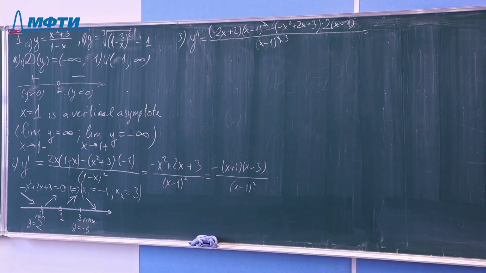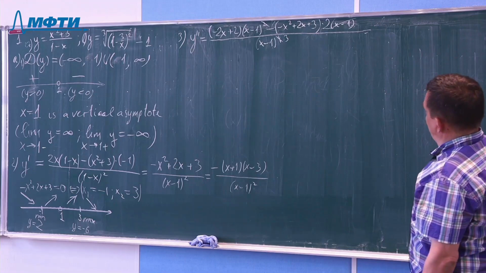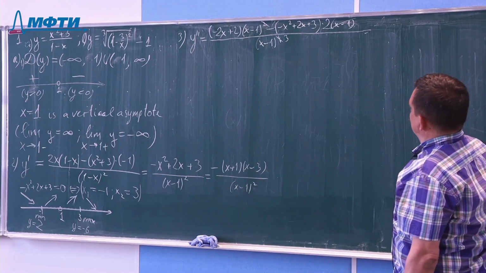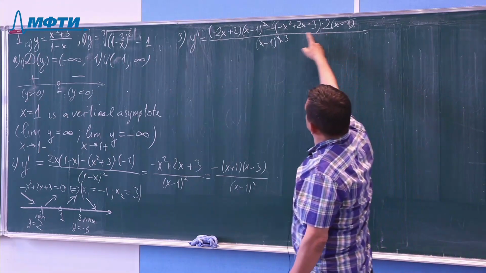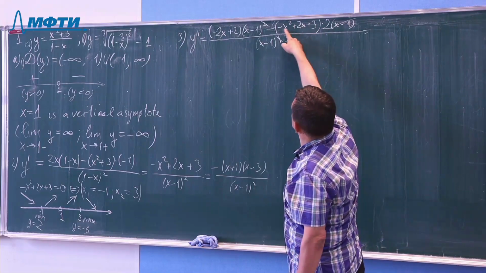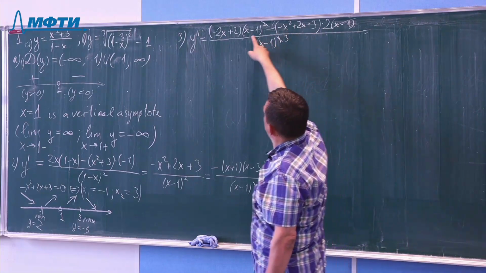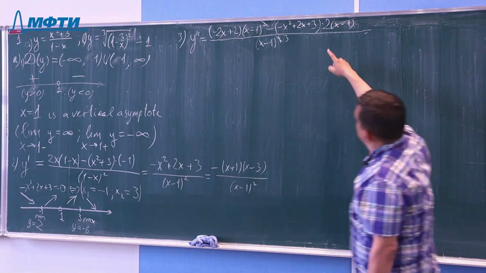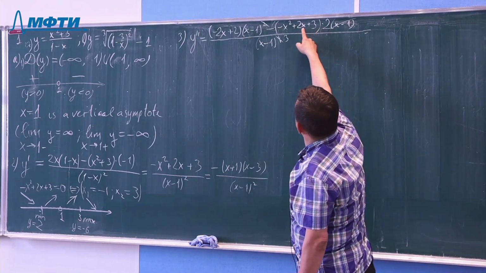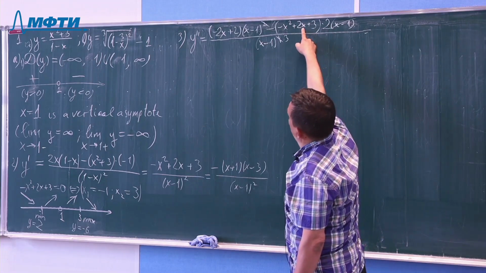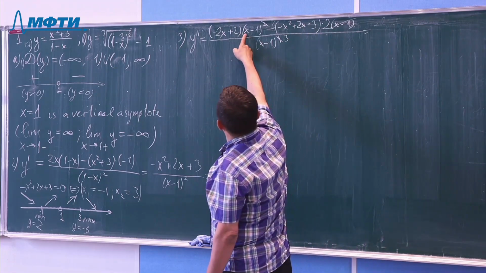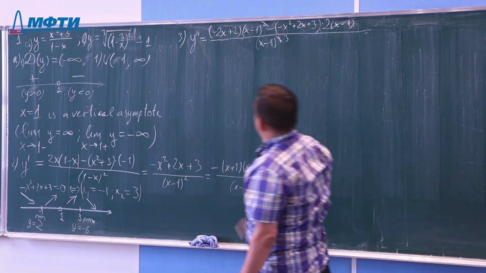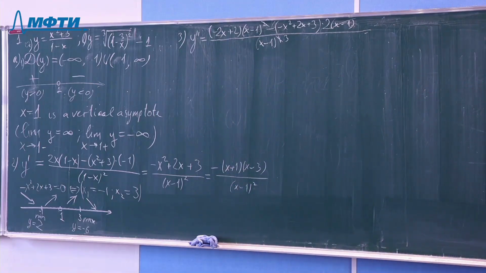After that, let's understand what the powers of x are. X squared: the coefficient is plus 2 here, minus 2 here, so no x squared. For x, the coefficient here is minus 4, here plus 2, plus 2, so plus 4. So no x.